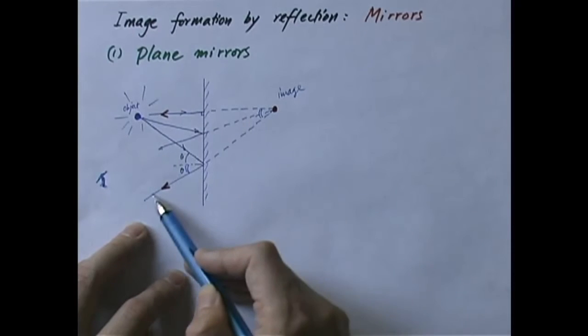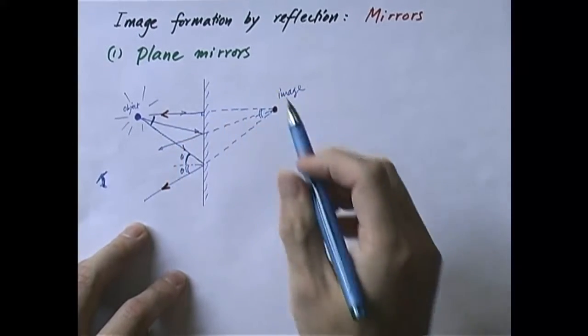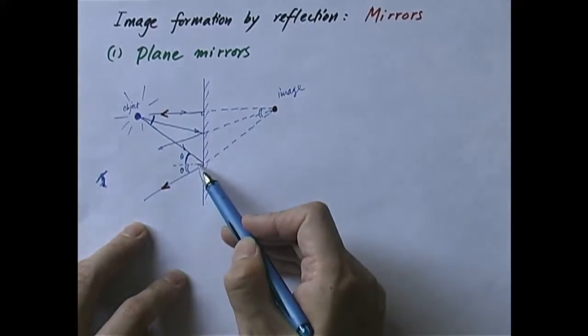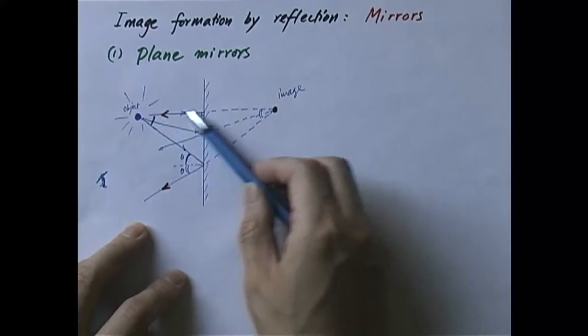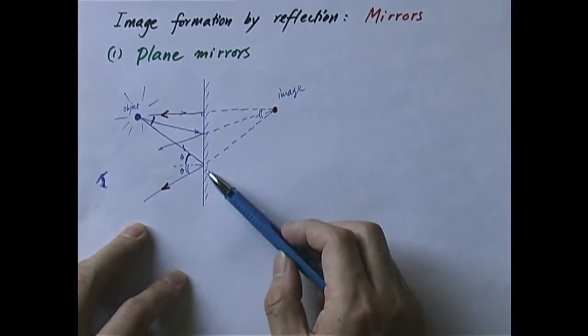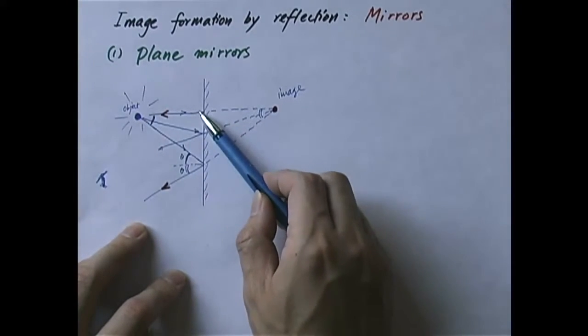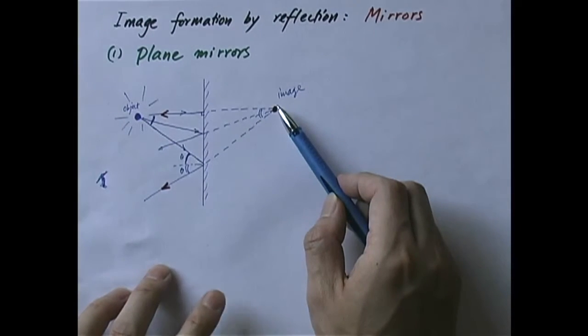And on the other hand, this angle equals that angle because these two lines are parallel. They're both normal lines. It tells you that these two angles are the same. So I have this pair of right angle triangles that are congruent, right? And what does that tell you? It tells you that this distance equals that distance.